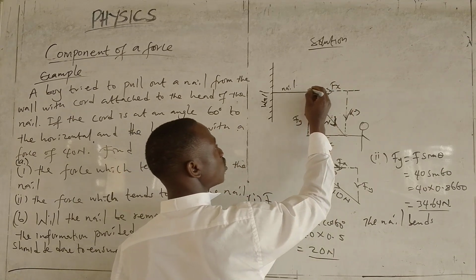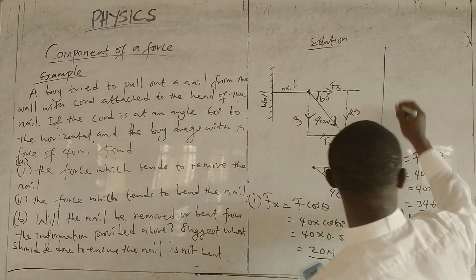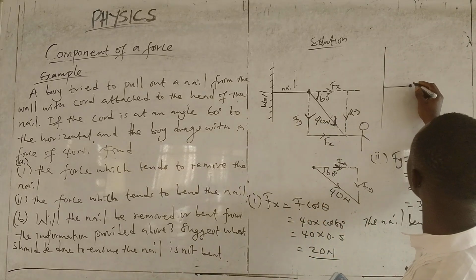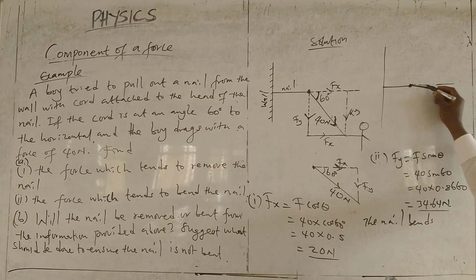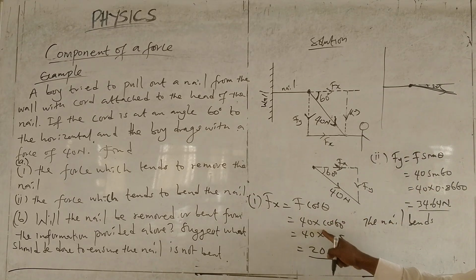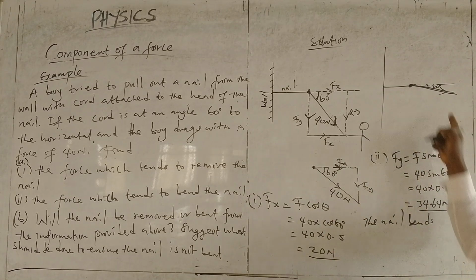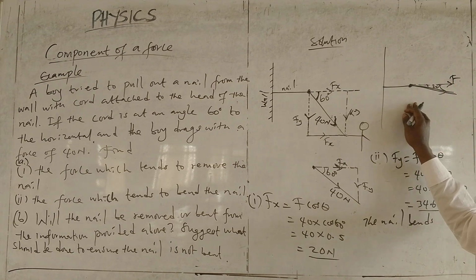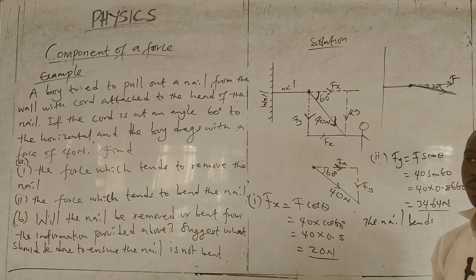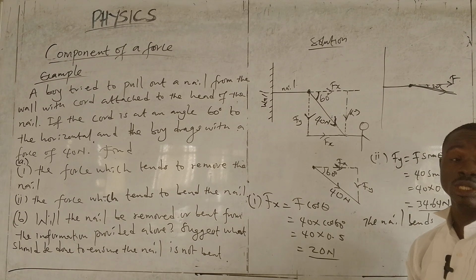So if I shift the angle closer, maybe this angle is 20 degrees, you will see that the horizontal component is going to be more than the vertical. Even if you use 30. Or better still, let the boy just drag directly horizontally, without an angle to the horizontal. That's going to be the best thing to do.